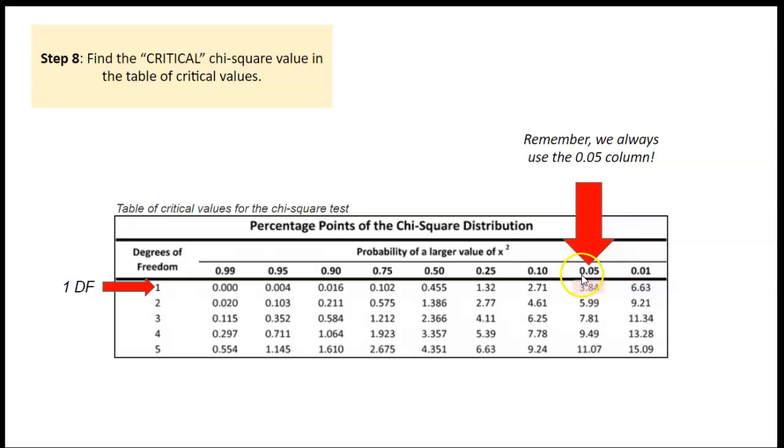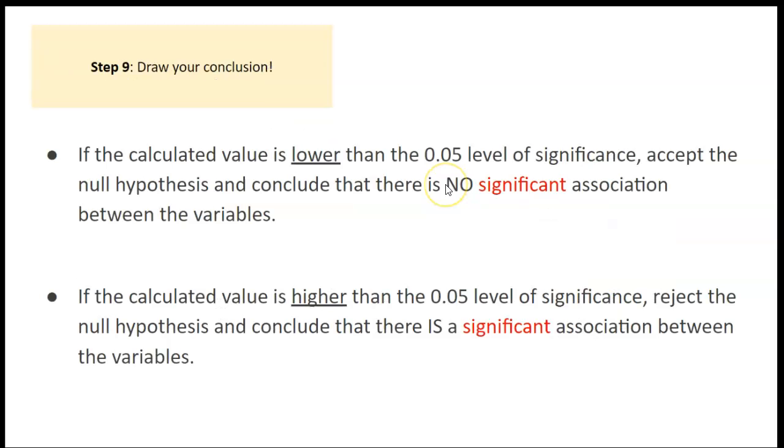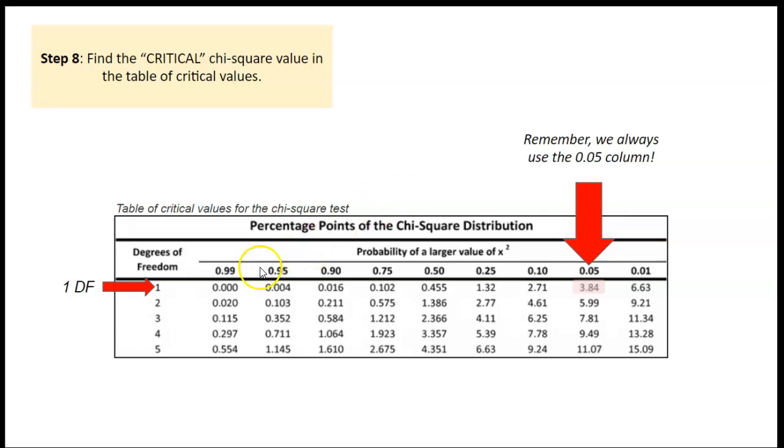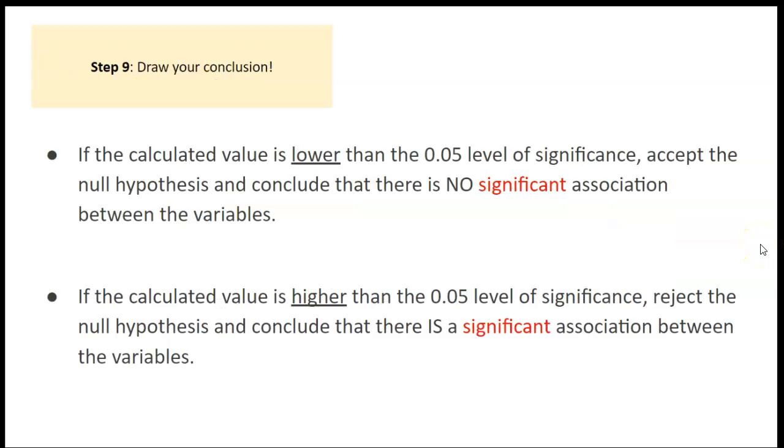So 1 degree of freedom, this is the row we care about, this top row. And 0.05 is always the determinant of if it's statistically significant, okay? This is the kind of critical value. So our critical value here is 3.84, because that is our degree of freedom and the number under 0.05. So critical value 3.84. Now, this is the conclusion of our statistical analysis.